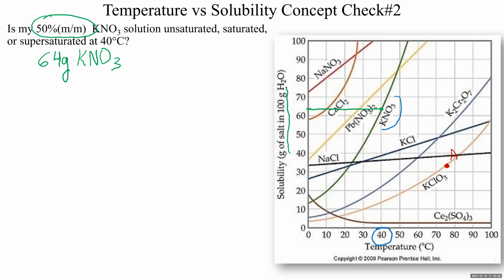Either way, I have to compare my numbers by converting from one expression of concentration into another, from a ratio to a percentage, or from a percentage into a ratio. Let's do it both ways and see if we get the same sort of comparison.